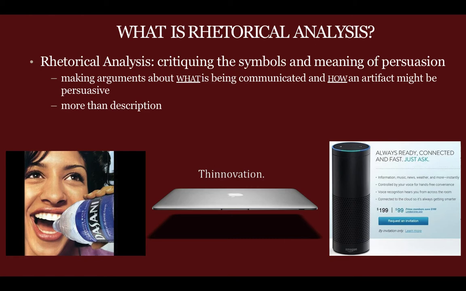Then you have to choose a rhetorical perspective. Like, what lens are you going to look at this artifact through? There are different ones. You have the feminist perspective, you have the neo-Aristotelian perspective, you have critical rhetoric.